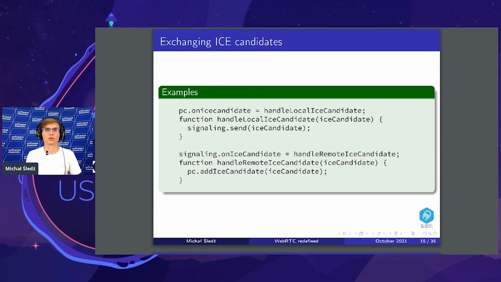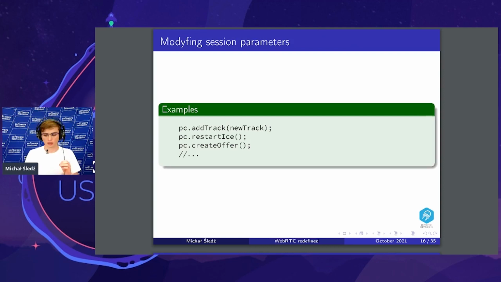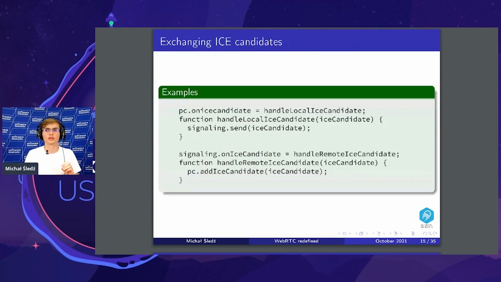And we have to also be prepared for receiving some remote ICE candidates. And whenever we receive a remote ICE candidate, we add this to our peer connection. So this code is pretty straightforward, but it requires from us knowledge about the ICE protocol and ICE candidates. And this should work at this moment. We should receive new tracks in the on-track callback, and we should be able to establish a connection.